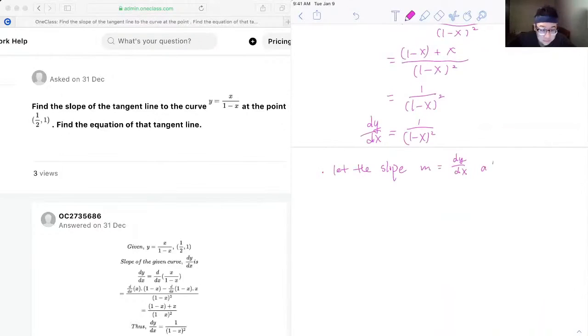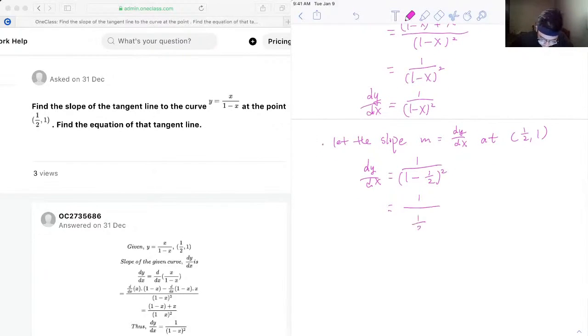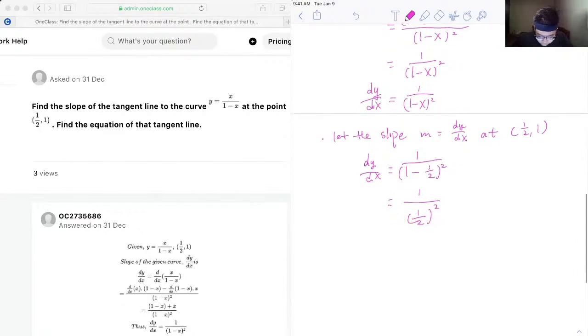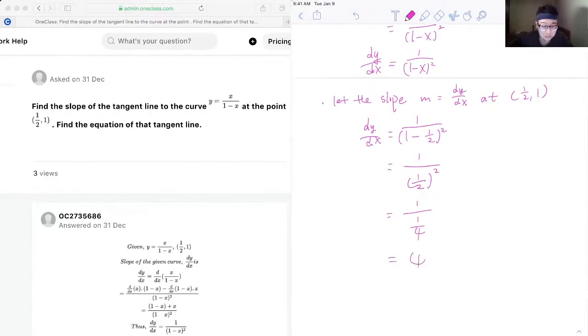So at 1 over 2 and 1, dy/dx is equal to 1 over 1 minus, instead of writing x, we write 1 over 2, because that's the x coordinate. By simplifying that, we will have 1 over 1 over 2 to the exponent of 2. That's going to be 1 over 1 over 4, which is 4.